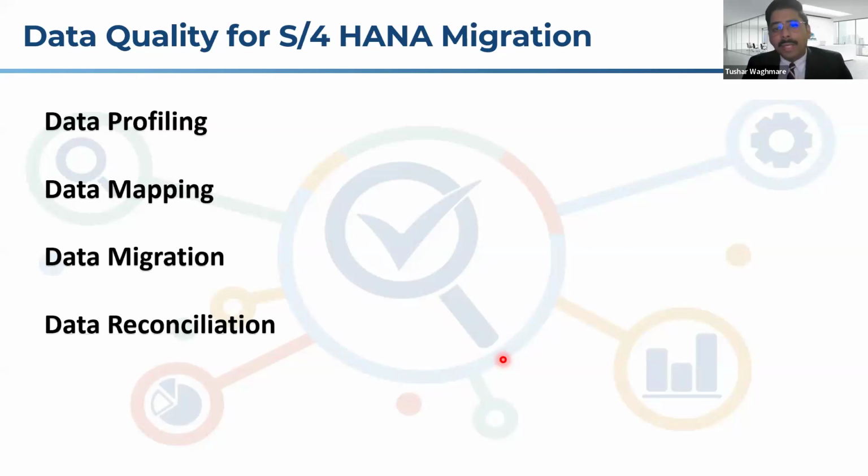So how do you maintain the data quality while migrating to S/4HANA? It is a detailed process that involves various steps and procedures, not to forget the amount of planning required to ensure you move valid and quality data.